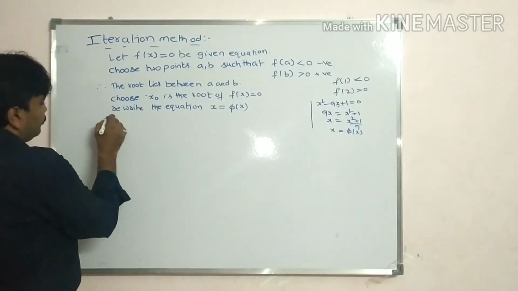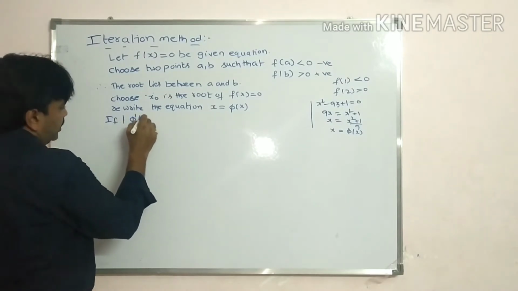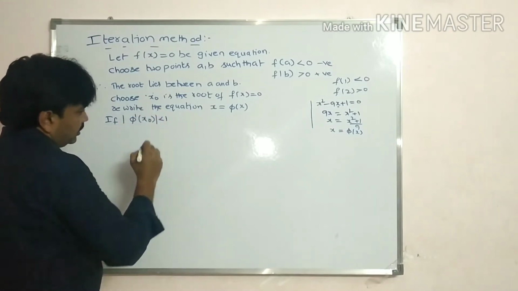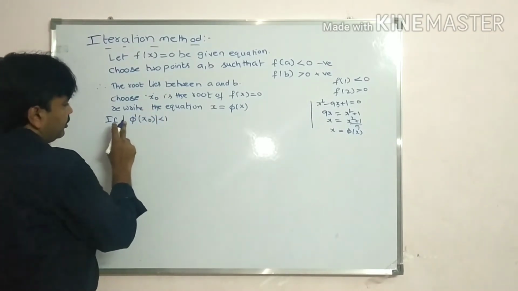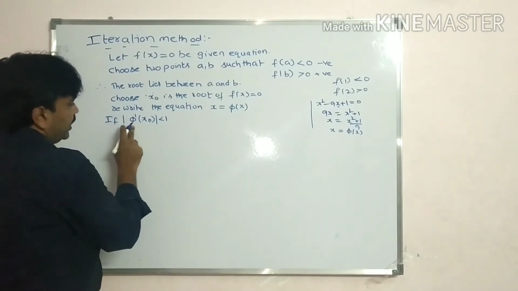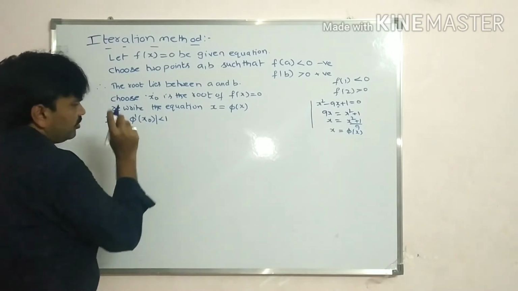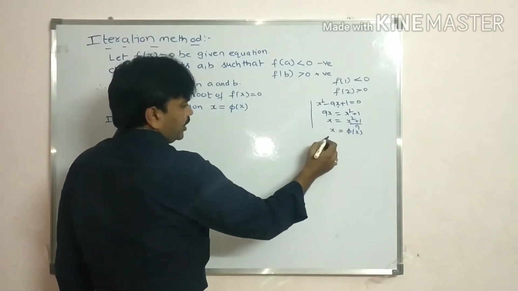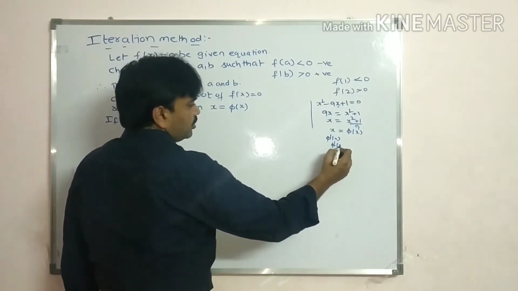Now, if modulus phi dash at x naught value less than 1. What is meaning of this, students? Already we have phi of x here. You find derivative and then you substitute the point.